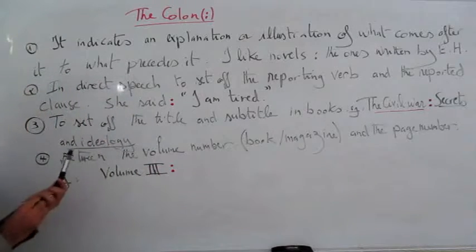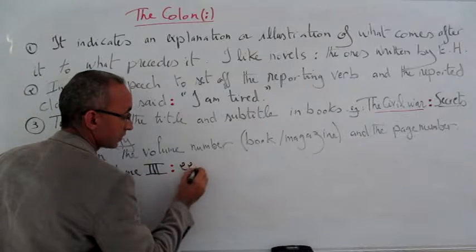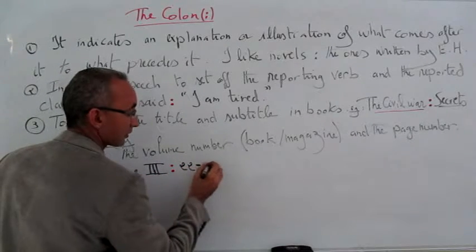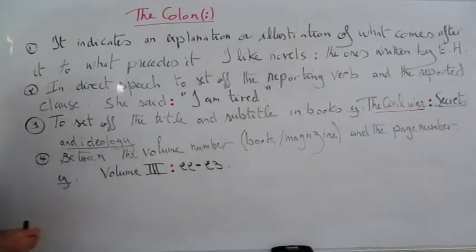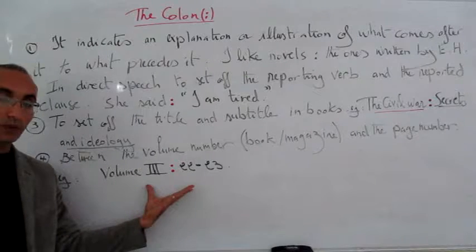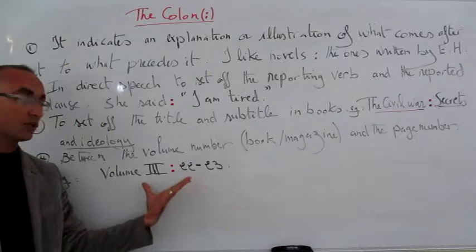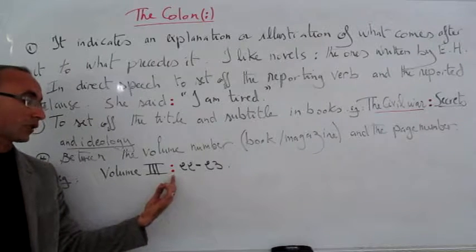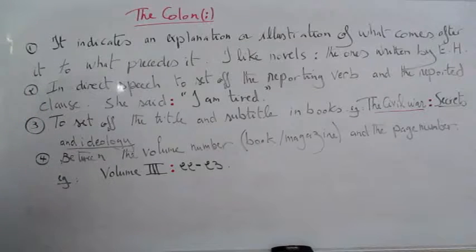Then we put the number of the pages, say we write 22, then hyphen 23. So in this case, we find it mainly in entries. When we cite a book, we have to respect these norms and use here the colon to separate the two elements.